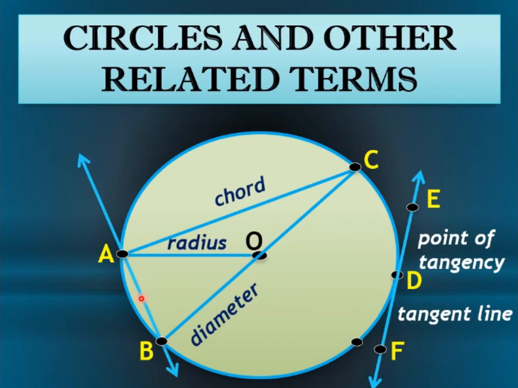A line that intersects at exactly 2 points, which are point A and point B, is called a secant line. And this secant line contains a chord of the circle, which is the line segment AB.